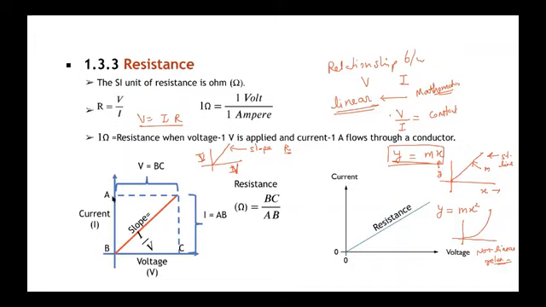How? For example, take this point. At this point we have some value V, and at this point I have some value I, right? So what is the value of this I? This length AB. This AB is the magnitude, right? So this I is AB. So this is equal to this because these form a rectangle, right?